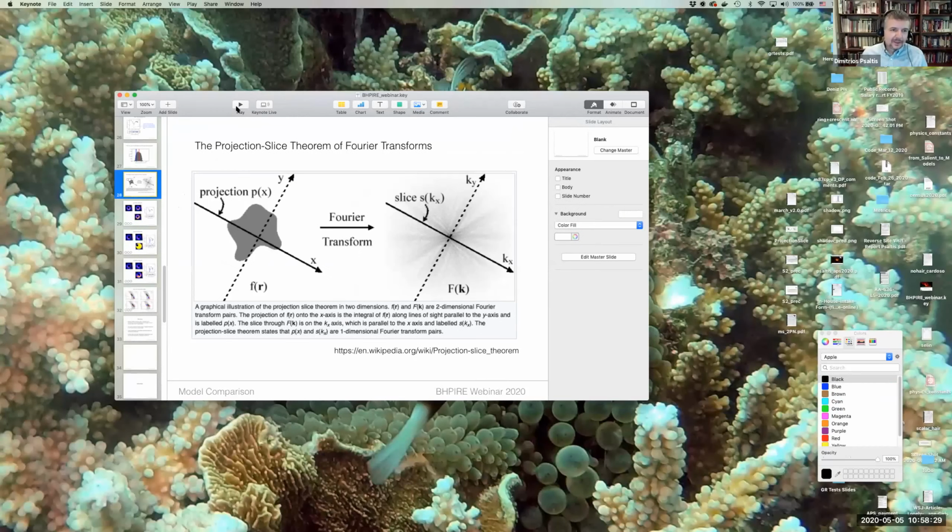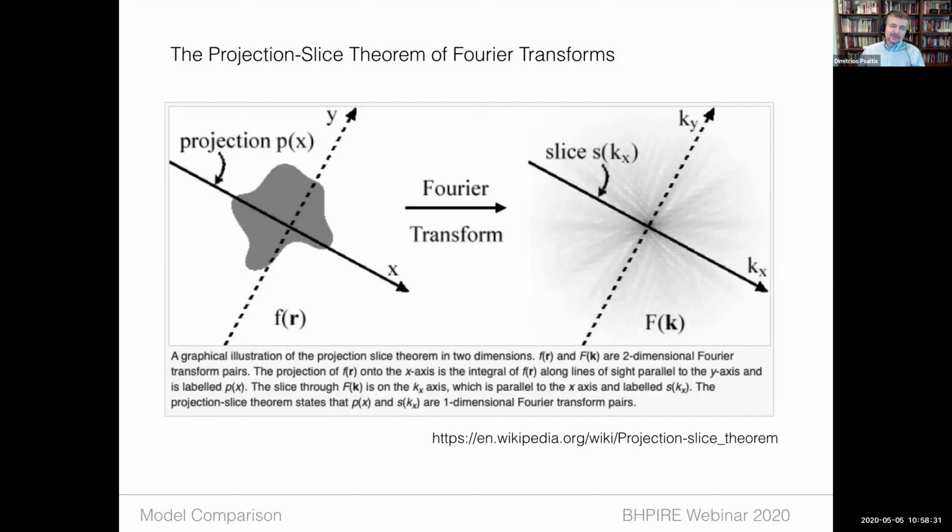So the way that I like to describe that is in terms of something called the projection slice theorem of Fourier transforms. And this is actually the reason that things like medical tomography work. And the mathematics turn out to be identical to what we do for interferometry. And this is from Wikipedia. What that theorem tells you is that suppose you have an image, like this weird shape here, and you put an axis like X in some particular orientation, and you project the image on that axis.